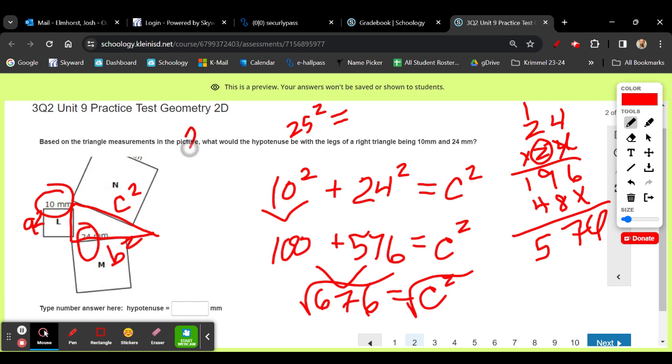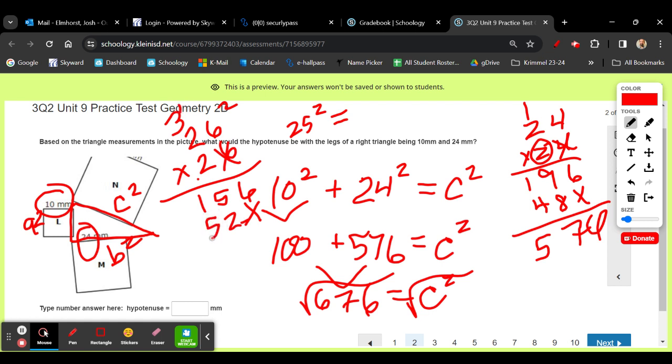So let's estimate 26 squared, so 26 times 26, to see where 676 would come from. 6 times 2 is 12, plus 3. Got 2 times 6, 676. So the square root is going to give us c is equal to 26.